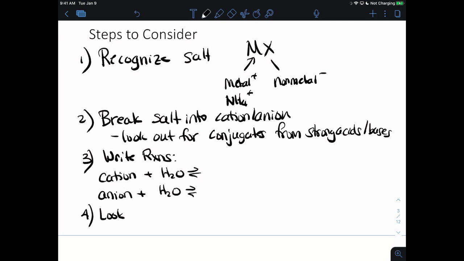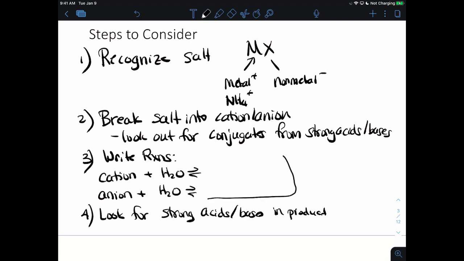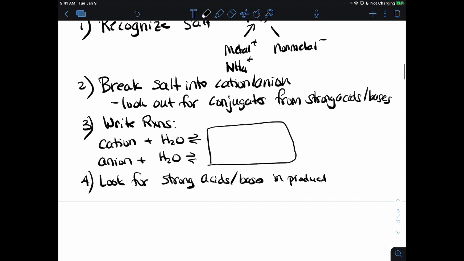And then once you have your reactions, you want to look for any strong acids or bases in the product. So we're going to look in here to see if there are any special cases of strong acids or strong bases, because that'll influence our outcome here.